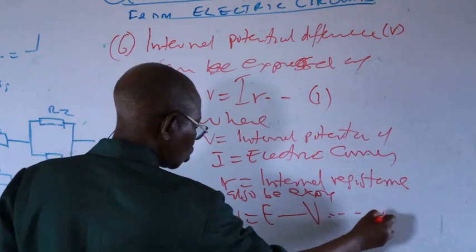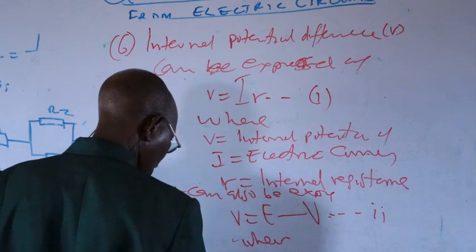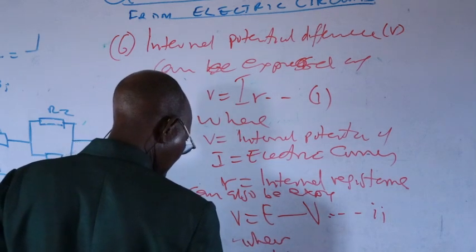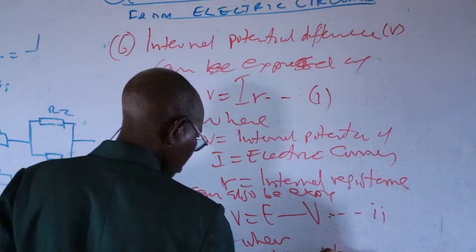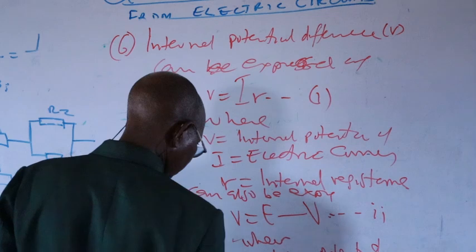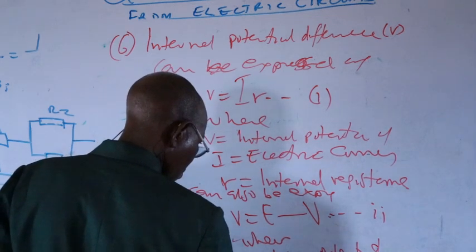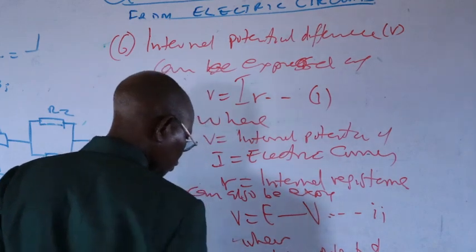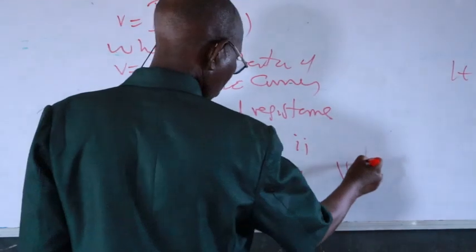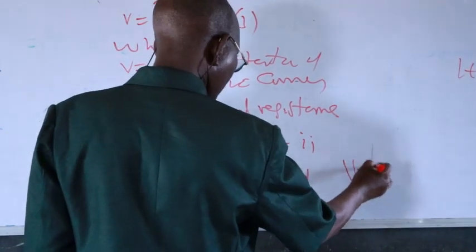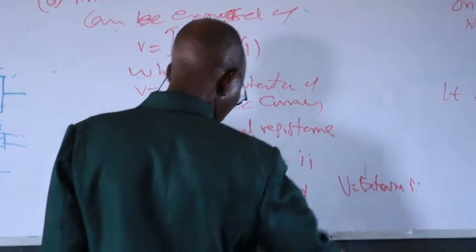This is equation 2, where of course you have small v to be internal potential difference, E is electromotive force, and capital letter V is equal to external potential difference.